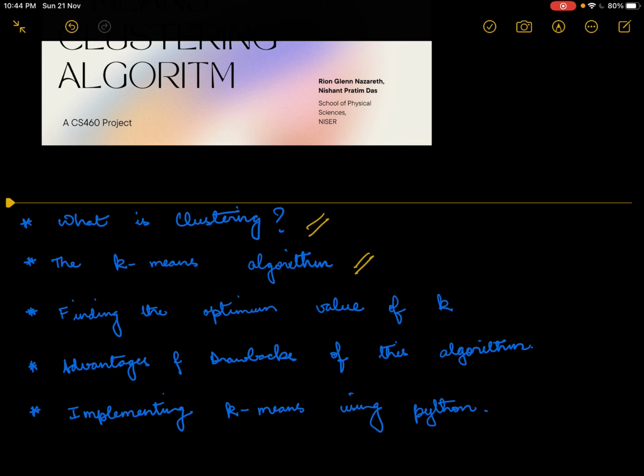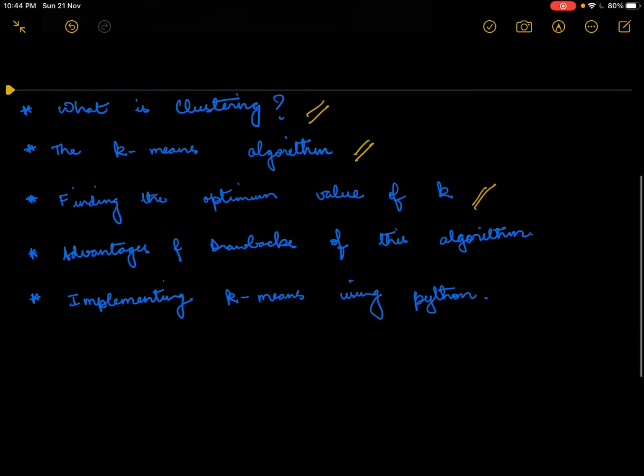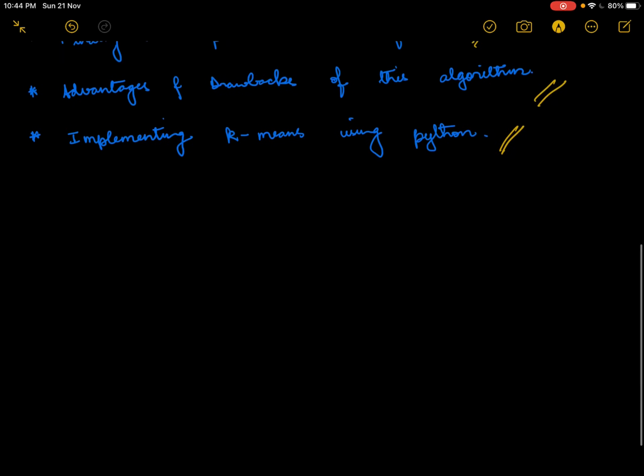After that, we will try and find the optimum value of the number of clusters, which is k, and how we might approach solving the problem of finding the optimum k. Then we will have a short discussion about the advantages and drawbacks of this k-means algorithm. And then finally, we will implement the k-means algorithm using Python code. So let's get into it.